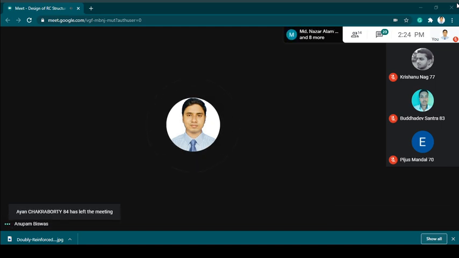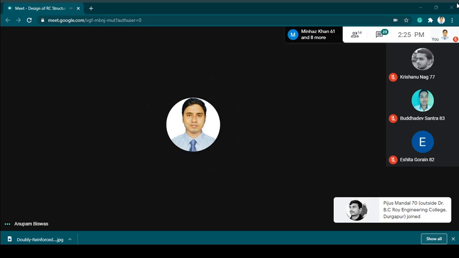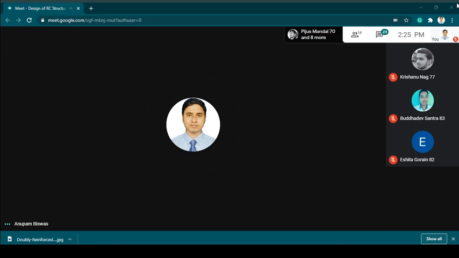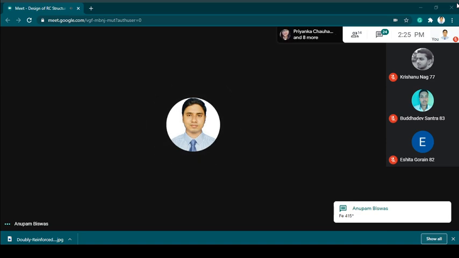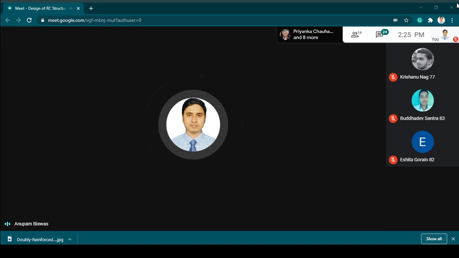Okay, I have given a problem. Just check your chat box. Determine the factored moment of resistance of a beam 250 mm by 350 mm, where 350 is the effective depth.